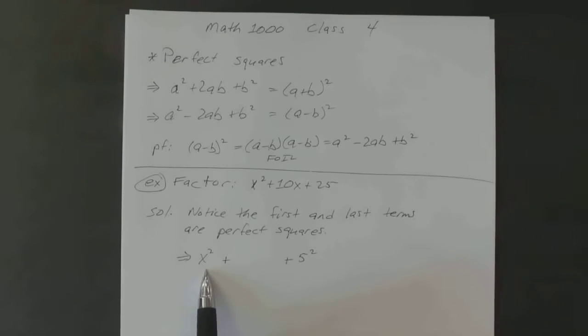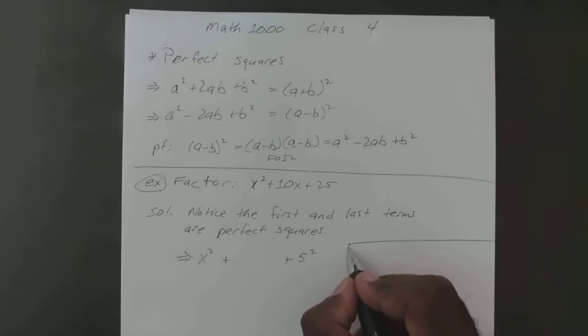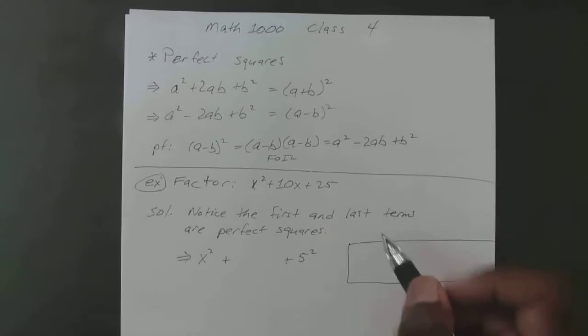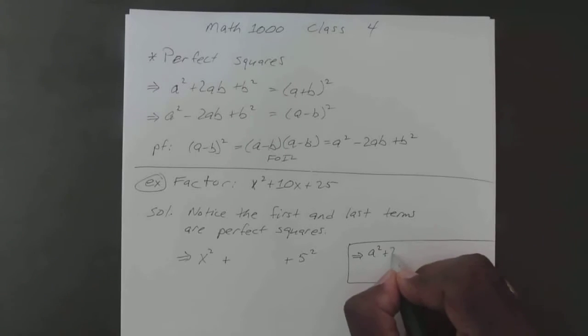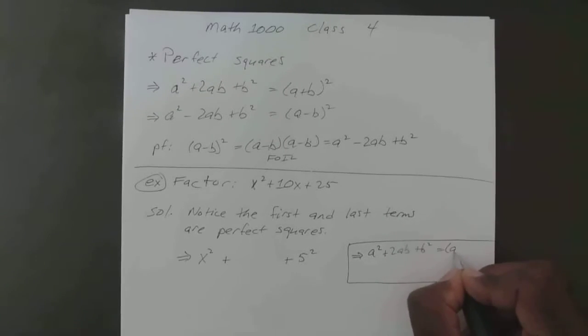Okay. So since the first term is a perfect square, and the last term is a perfect square, for this one, I'll put in a little box here. So because both of these are plus, you're looking to see if it fits a squared plus 2ab plus b squared equals a plus b squared.